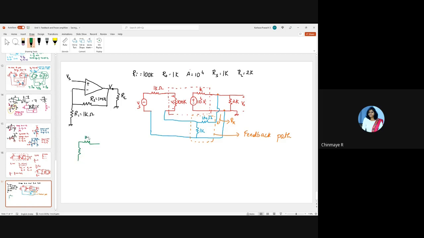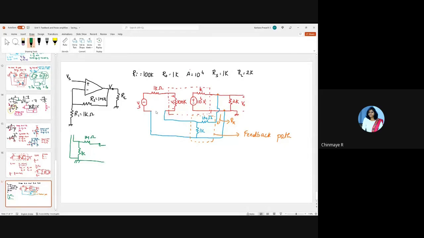So you have 1 mega ohm and then you have 1 kilo ohm, which is grounded, right? And then this you're going to feed back in series, okay? And you will have to find out what is the impedance between these 2 points.